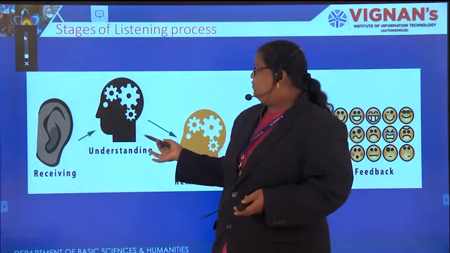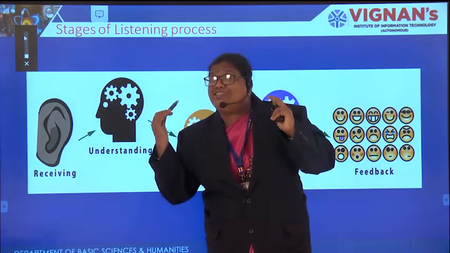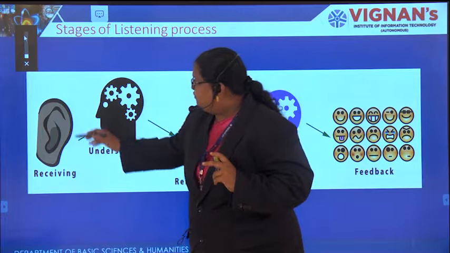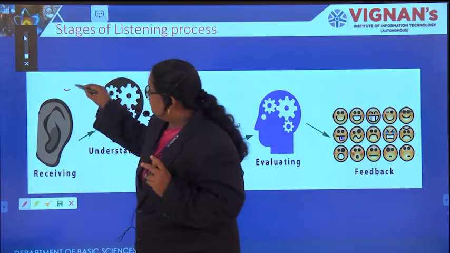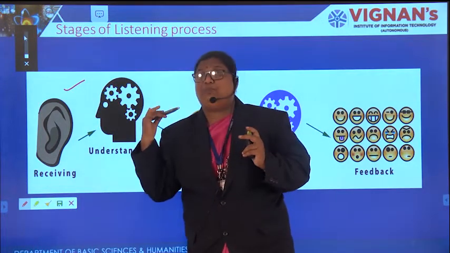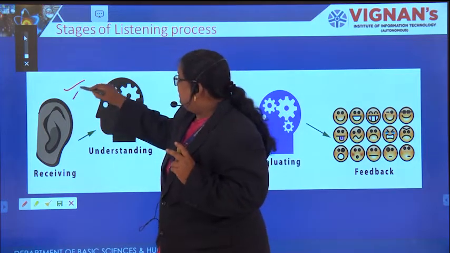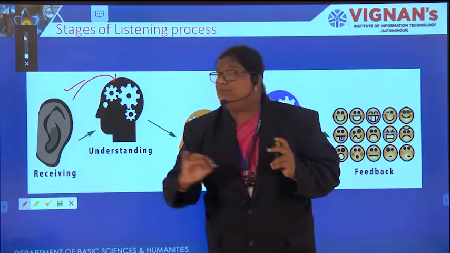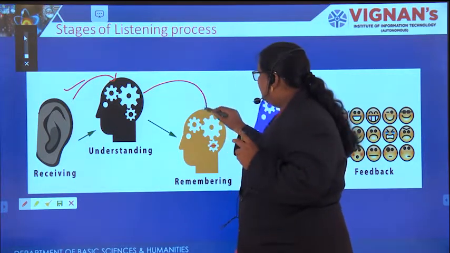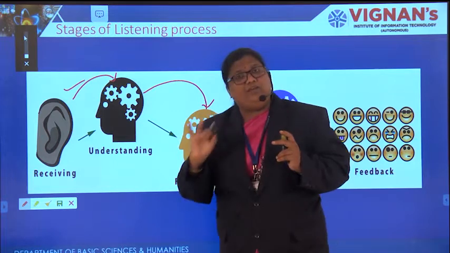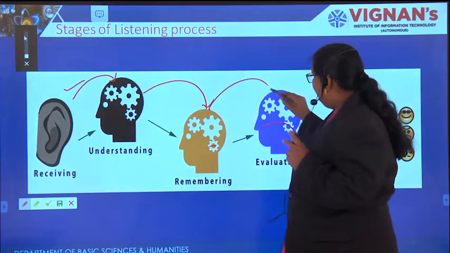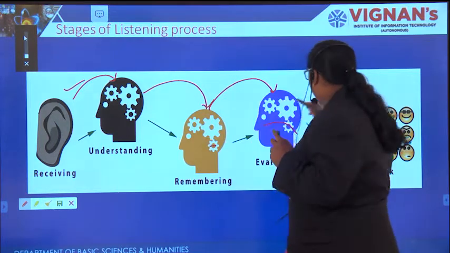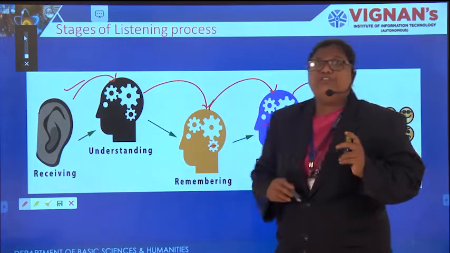So first, what happens when somebody speaks, or when you listen to a lecture, or when you listen to an audio? First your ear receives the information, and then your brain understands the information that is received, and then it sends it into the memory, and once it is in the memory, it starts evaluating whether it's right or wrong, and then you give feedback.